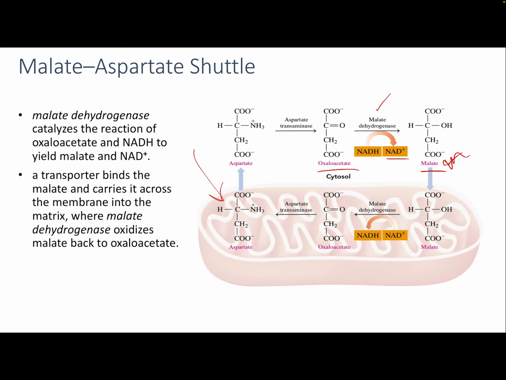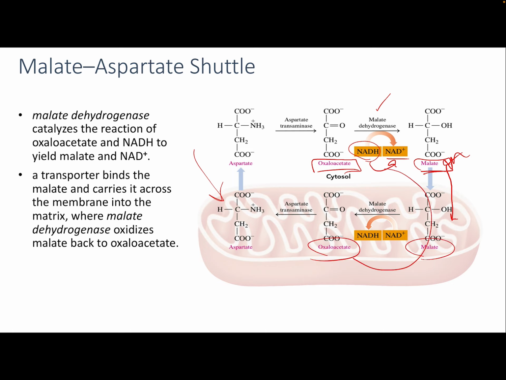So you've got an NADH floating around in the cytosol, and you can't do anything with it. So turn it back into an NAD+ and let it go back to glycolysis. But using this oxaloacetate to malate conversion, malate is able to bind to a transporter and get carried into the matrix of the mitochondria, where malate dehydrogenase turns it back into oxaloacetate.